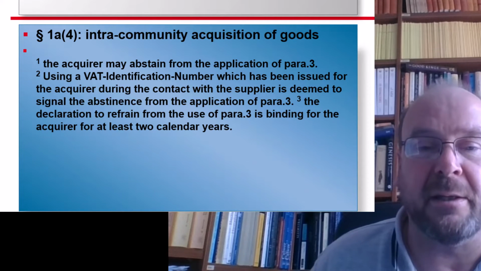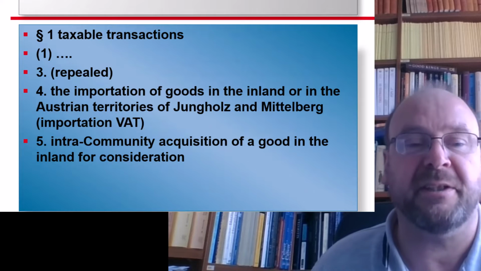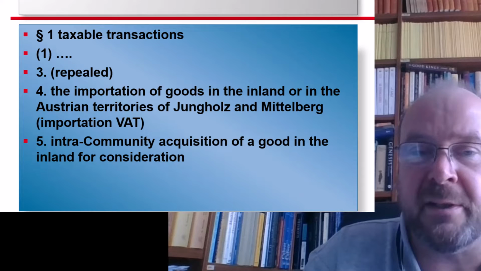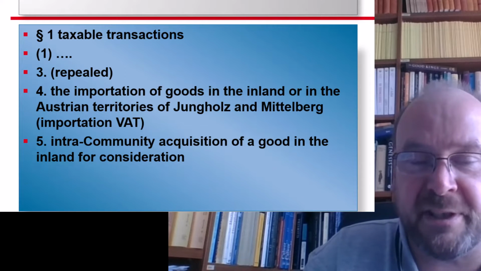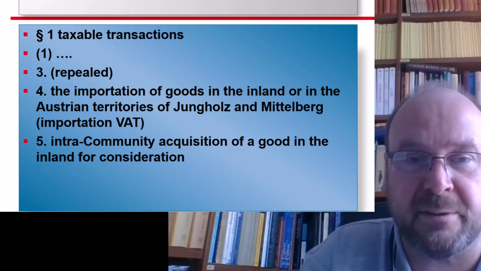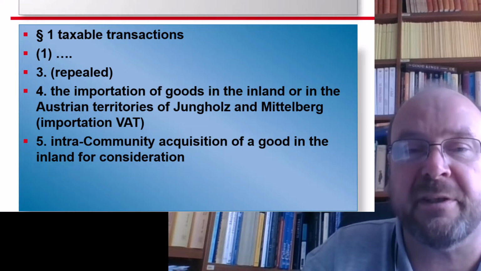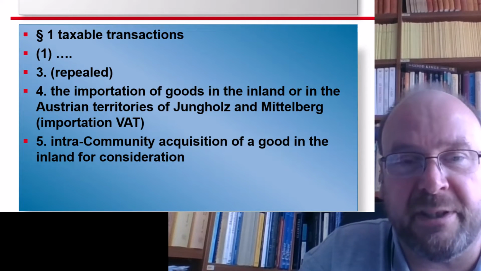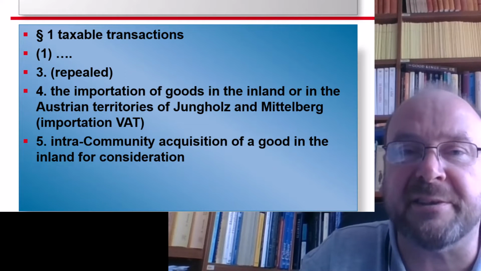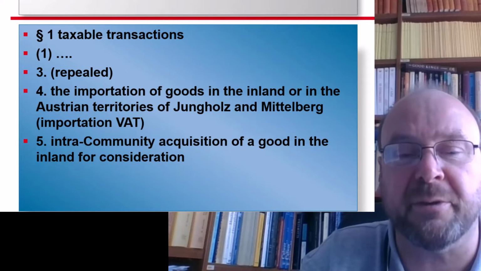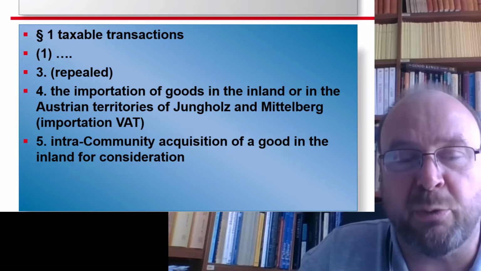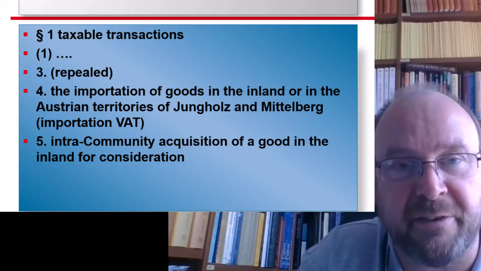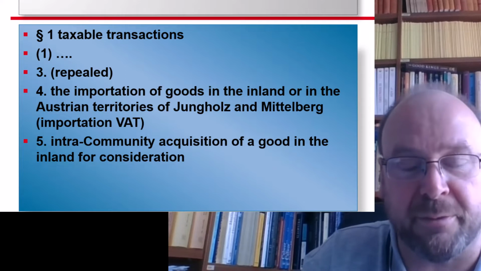Okay. Now, if we go back to the taxability list, number 5 says the intra-community acquisition of a good. We already now know where we can look that up in 1a. It must be in the inland, so we need a place definition. Where does the intra-community acquisition of a good take place? What we expect from our ideas is in the country of destination, because there the tax should go to.